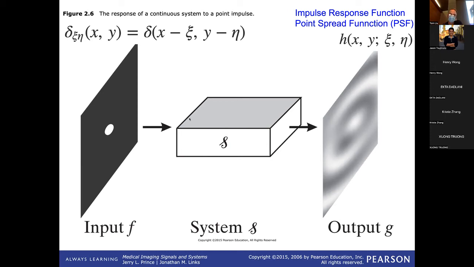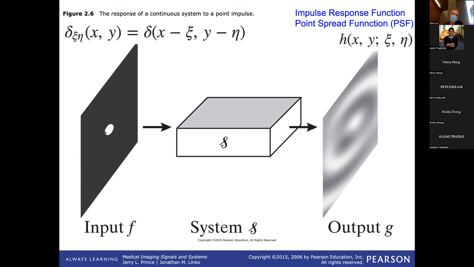What we're going to use is a concept called the impulse response function, or the point spread function, to describe what this system is doing to our input. So let's assume we have an input.